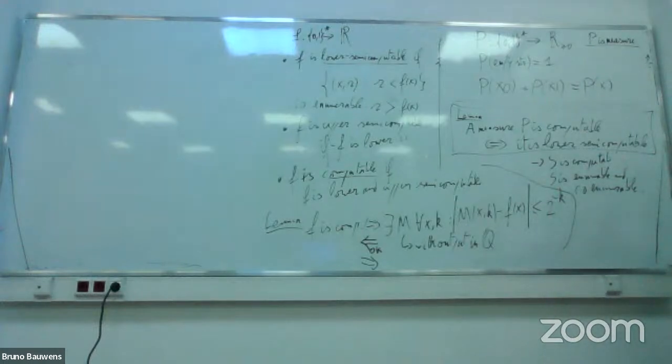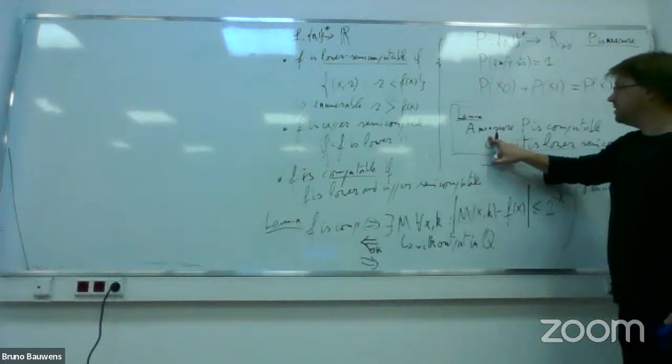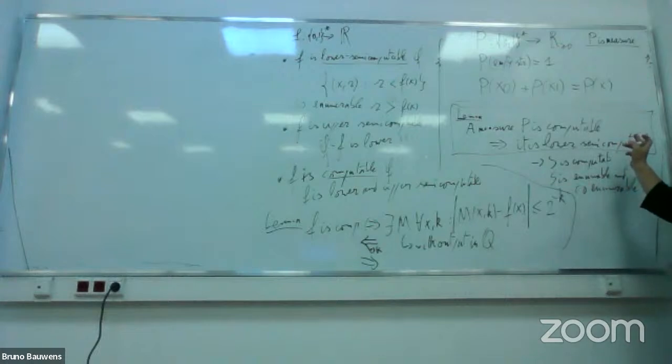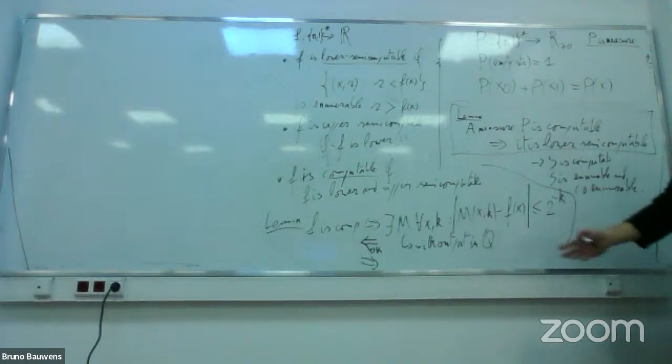So, okay. I give you a string x. There are two directions. First, there is the easy direction. If it's computable, then it's lower semi-computable. It's just from this lemma.